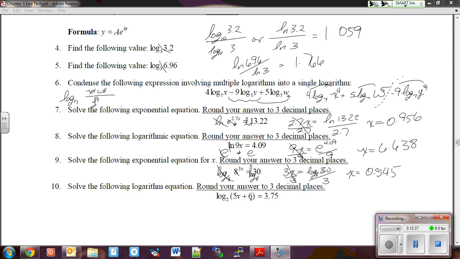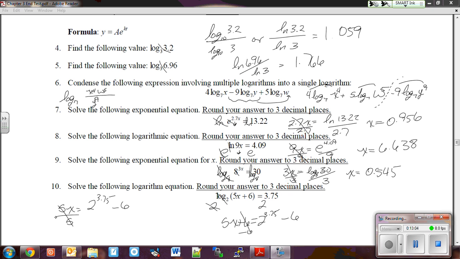Now, this one looks hard, but it's really not. Since this is base 2, you're going to do a big 2. All right, so that cancels, leaving you with 5x plus 6 equals 2 raised to 3.75. Subtract 6, subtract 6. So 5x equals 2 raised to 3.75 minus 6.